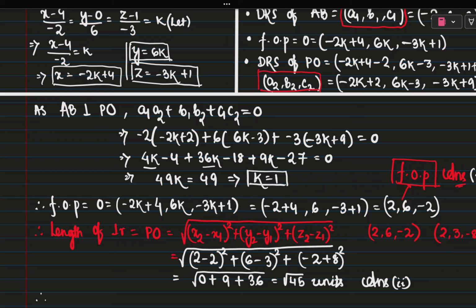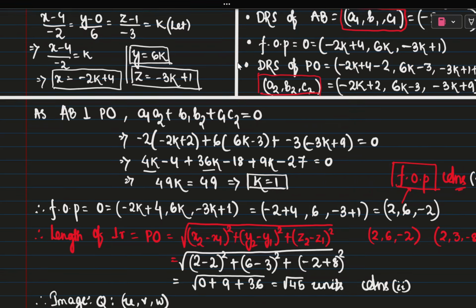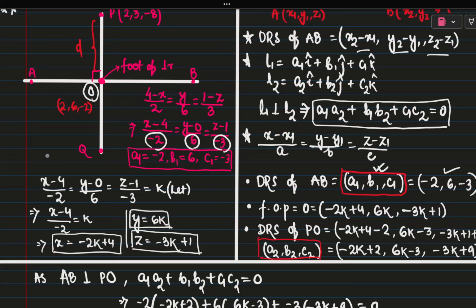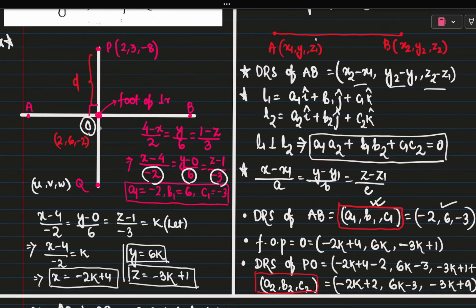Then find the image, that is point Q. Let the point Q be U, V, W. Suppose I take U, V, W, then this distance will be equal to this distance, which means PO equals QO.